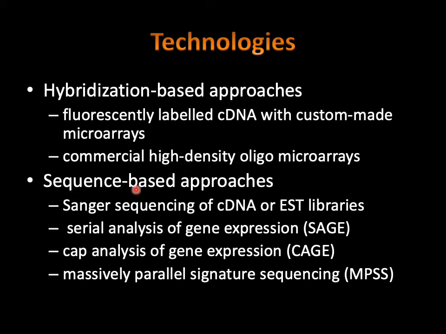We also have sequence-based approaches, so things like Sanger sequencing of cDNA or EST libraries. We have SAGE, which is serial analysis of gene expression, CAGE, which is cap analysis of gene expression, and MPSS, which is massively parallel signature sequencing, all different types of technologies.